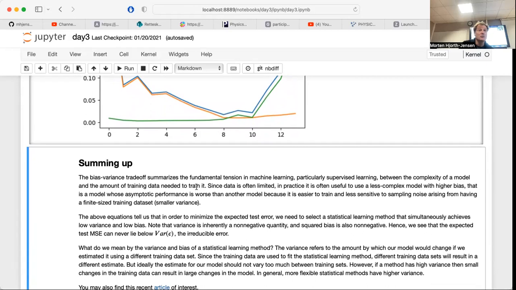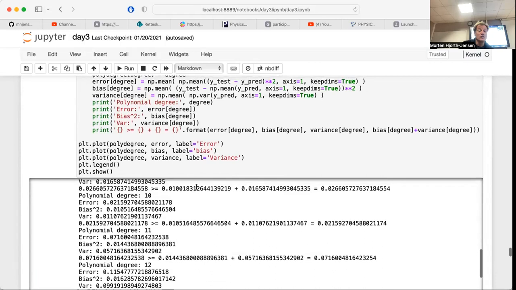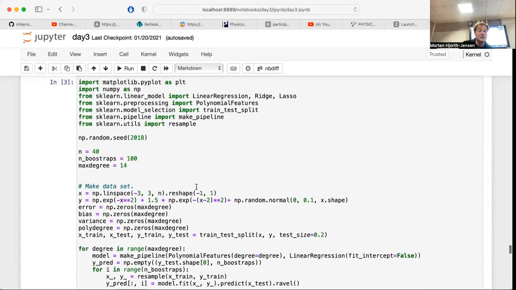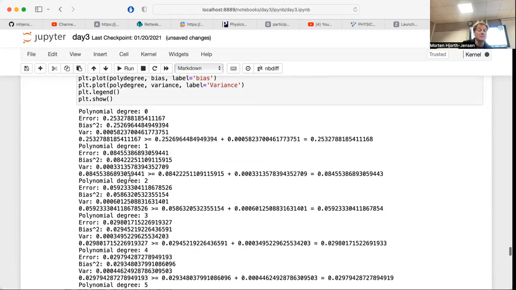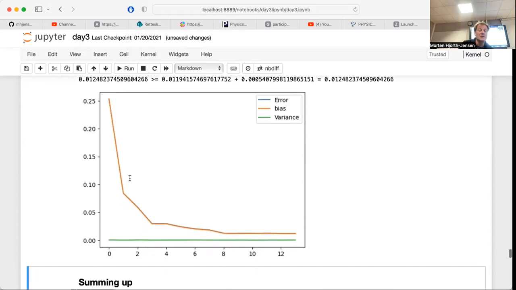So what I'm going to do now is to change the amount of training data. If I rerun it, I change this now to, let's say, 500 data points. Let's do that and see what happens. And you get this.